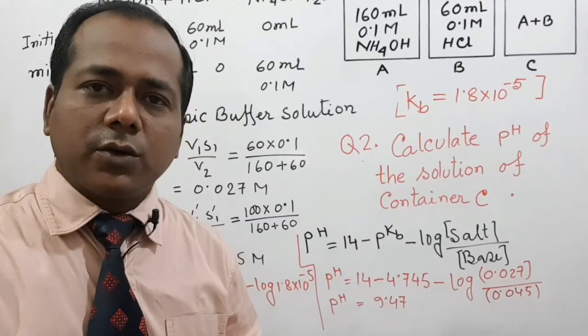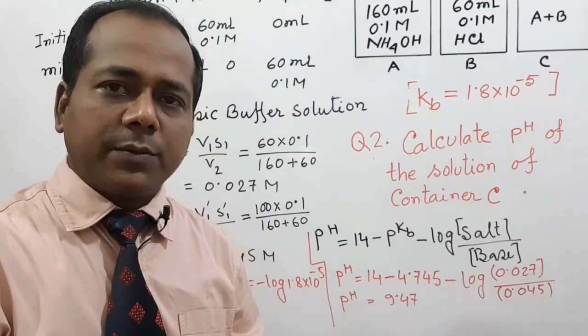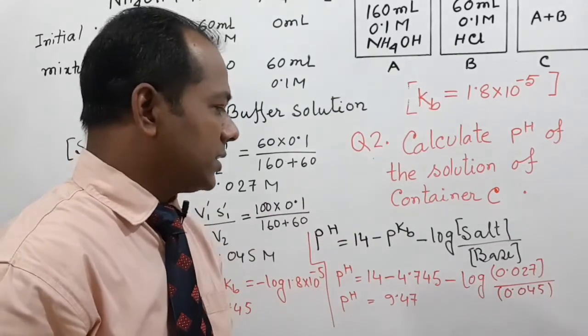So my dear students, we can see that the pH value of container C solution is 9.47.